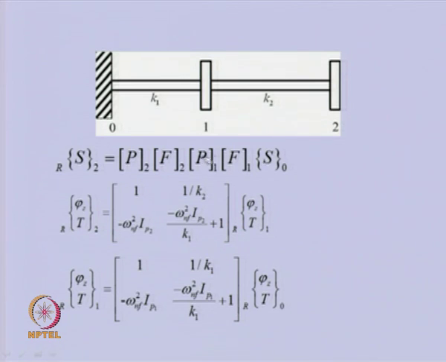So this is the overall transfer matrix. It is the multiplication of P1 and F1 for the first shaft segment, and P2 and F2 for the second shaft segment.